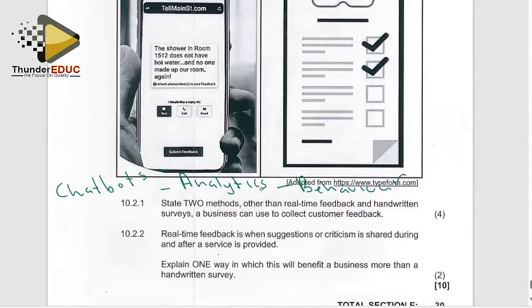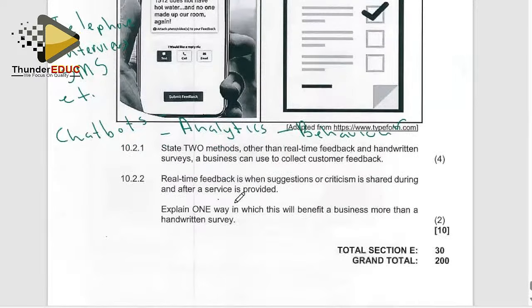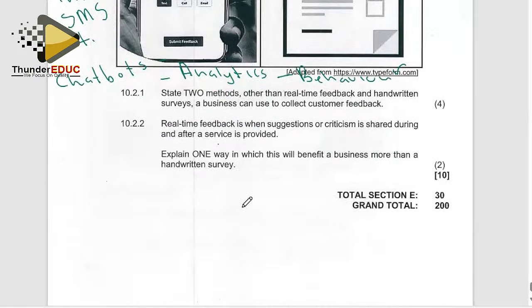Then we also have telephone interviews, SMSs, etc. So those are the different methods of obtaining feedback.